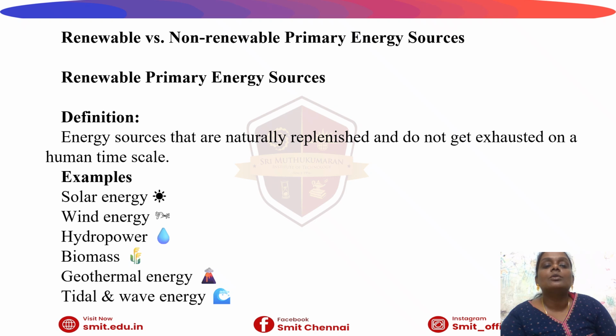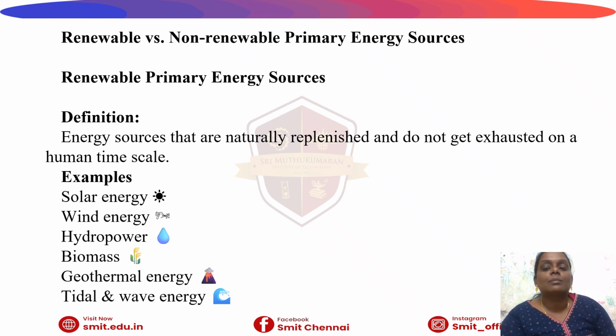And non-renewable versus renewable primary energy sources. Renewable energies are unlimited, environment friendly, the initial cost is very high, and they depend on nature. They are used for electricity, cooking, rural electrification, and biofuels. And non-renewable energy is very limited, causes pollution, gives reliable supply, and has high environmental cost.